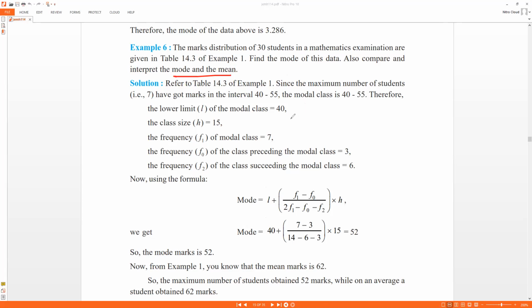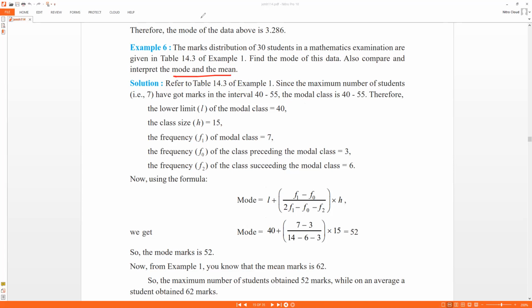Sometimes mean, mode, and median, all the three can be the same. Sometimes all the three can be different. And in the end part, we are going to study about their relationship also, how they are related to each other. Last time I told you how to interpret.